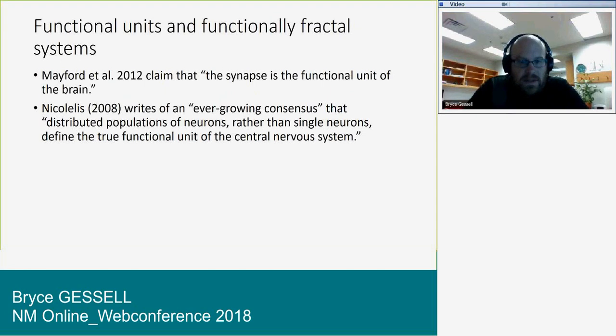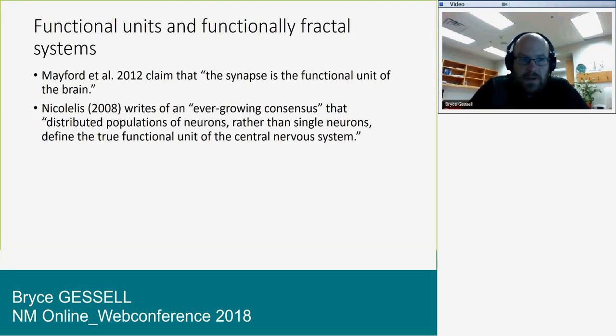Now, I think that this is the view that some people actually do have. So here are a couple of examples where we see claims like this being made in neuroscientific literature. Mayford et al. in 2012 claimed that the synapse is the functional unit of the brain. And Nicolelis in 2008 writes of an ever-growing consensus that distributed populations of neurons, rather than single neurons, define the true functional unit of the nervous system.